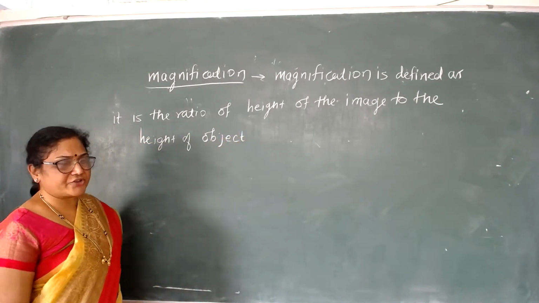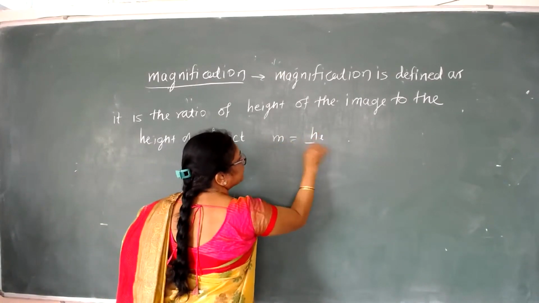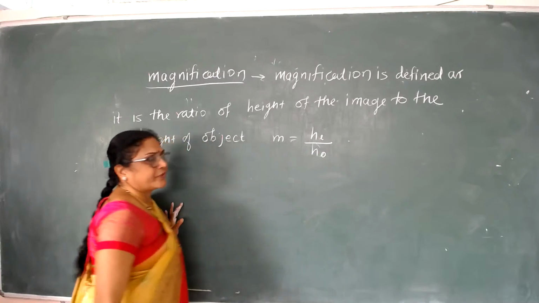Then magnification is equal to the height of the image divided by the height of the object.